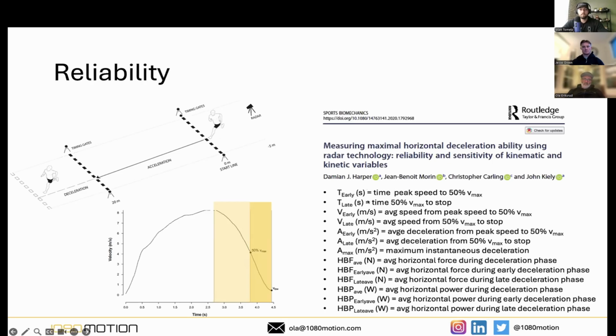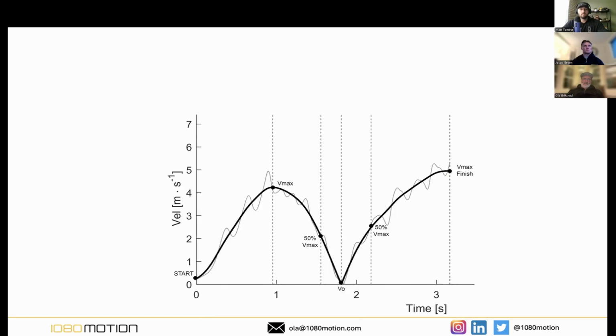I'm not going to go through all of them, but they're dealing with time, velocities, acceleration, forces, and power, but also impulse. So he was able to look at different variables through different phases and splitting up that deceleration phase. So we took that and we applied it basically to a COD task.